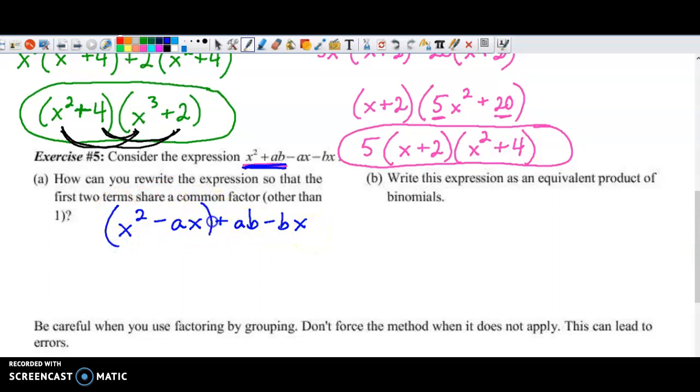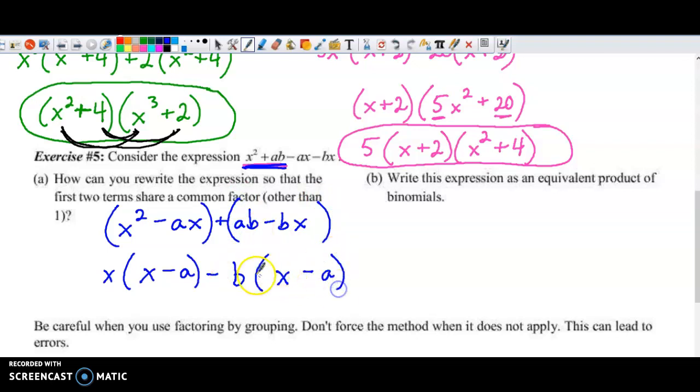So what you can do is group the first 2 together. It has the greatest common factor of x, left with x minus a. If you look at the next 2, the greatest common factor there is, well, maybe what I would actually do is make it a negative b, because I want to make sure that I have a negative x, a positive x, just like the same thing here.